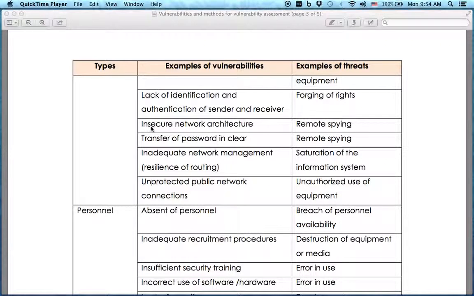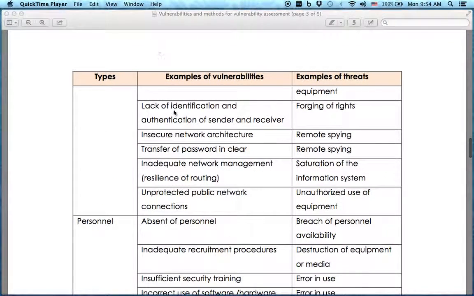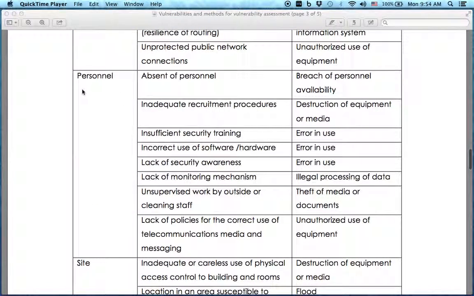The next is insecure network architecture. The threat is remote spying. It's just for example on the network area. For personnel, we refer to the staff. The vulnerability is absence of the key person during the execution period or during the critical process.